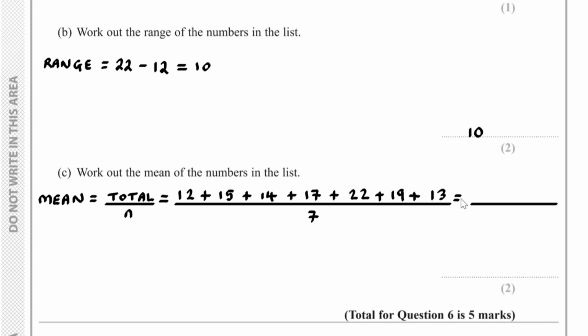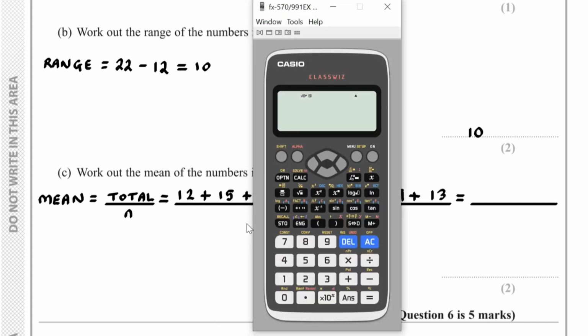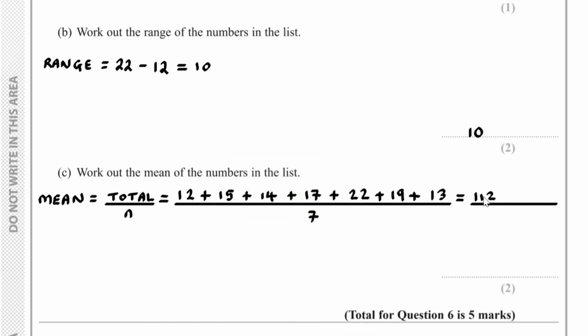So if we work out what this is, we've got 12 plus 15 plus 14 plus 17 plus 22 plus 19 plus 13, and then we divide by 7, so it turns out we get 112 divided by 7, which is equal to 16.